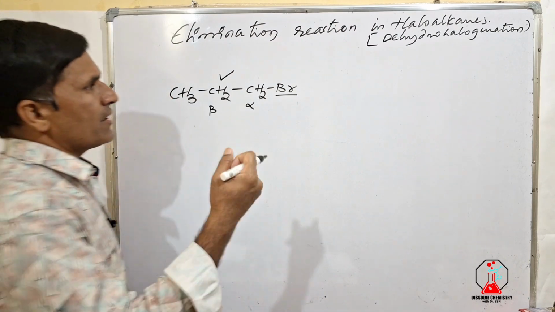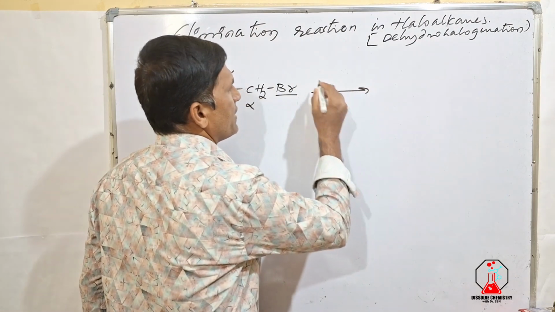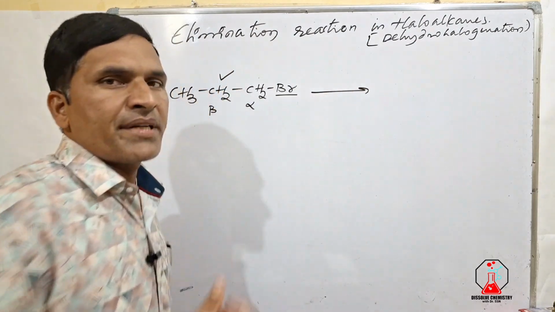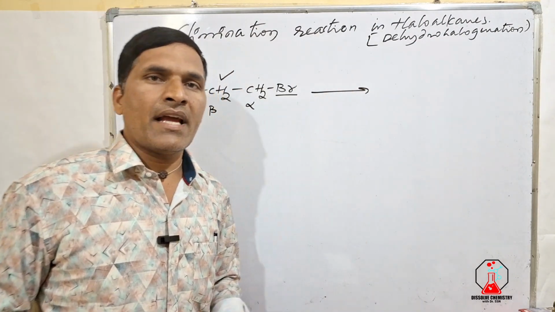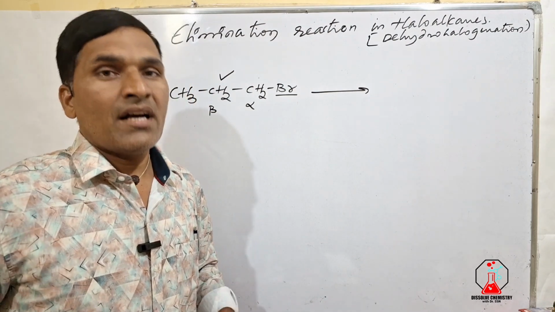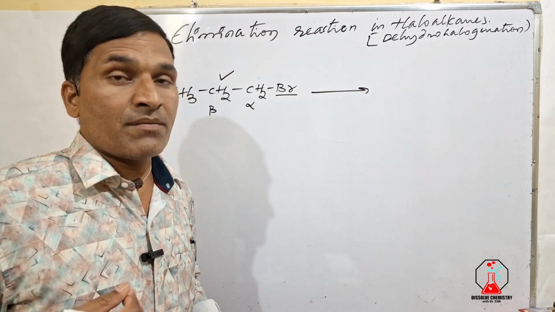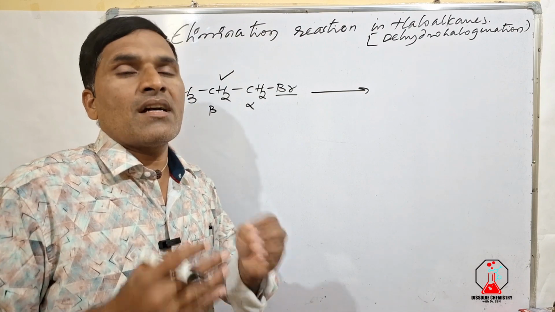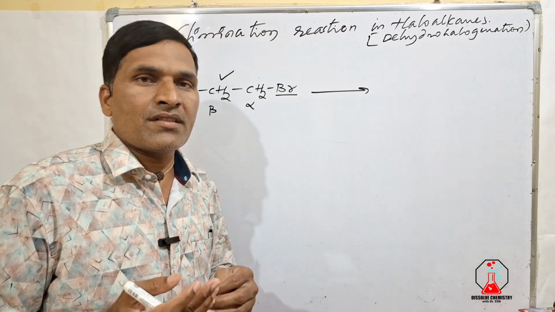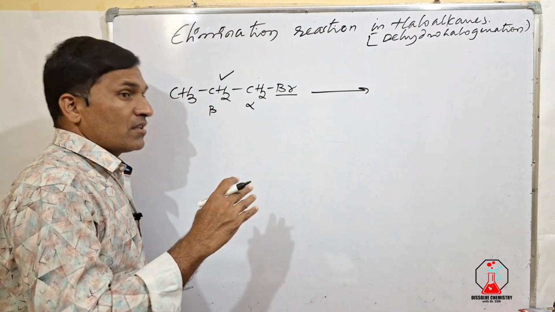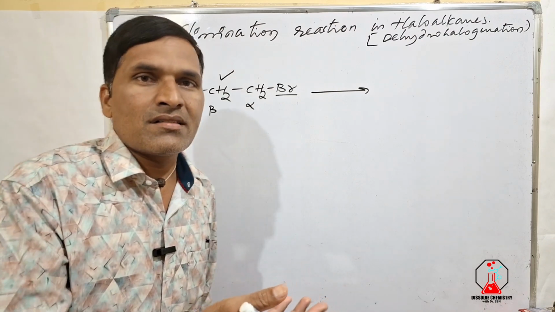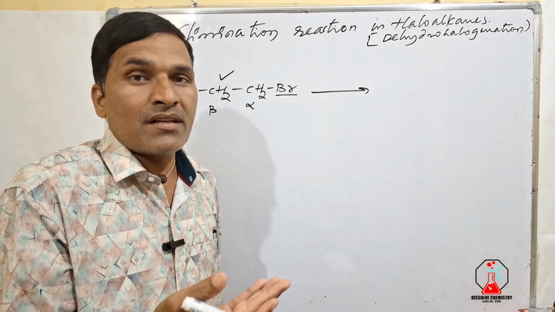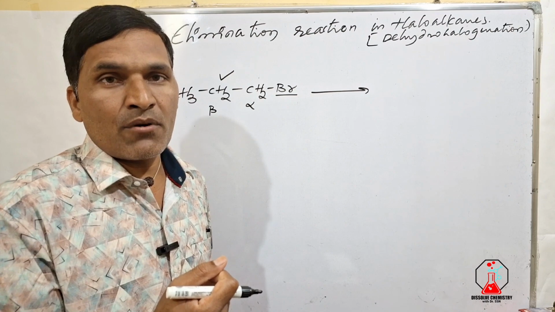Another important thing is that we need a strong basic medium to bring about the elimination reaction. Otherwise, as we discussed in the previous video, there is a competition between substitution and elimination. If you maintain stronger basic conditions, it will be an elimination reaction and you will get the eliminated product, that is alkene.